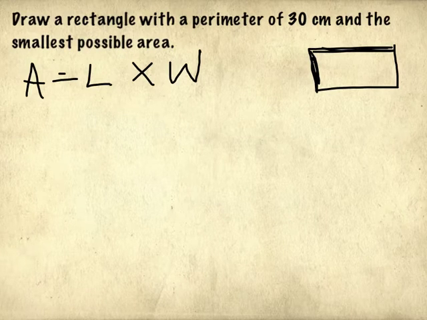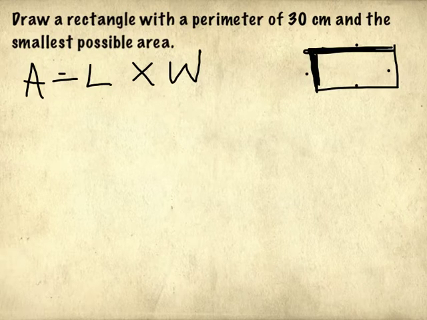So what I want to do is find out what these sides could be to give me the smallest possible area. If the perimeter is 30 centimeters, that means that these two together are 15 centimeters. That's because I did all 4 sides.